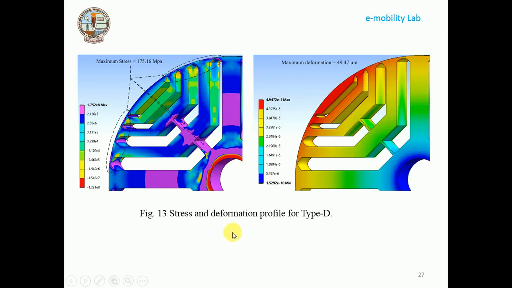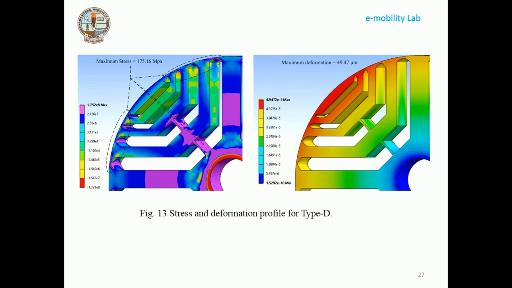Now this is the final geometry, type D. What we have done is remove these two ribs, because, as I told you earlier, they were lightly stressed, at only about 22 megapascal. Now you can see it is coming around 175 megapascal, which is well under the core limit of 213 megapascal.